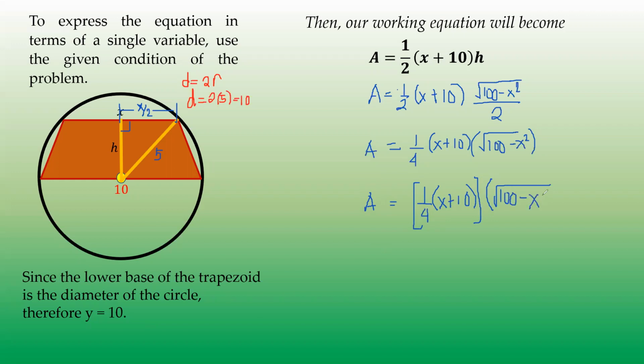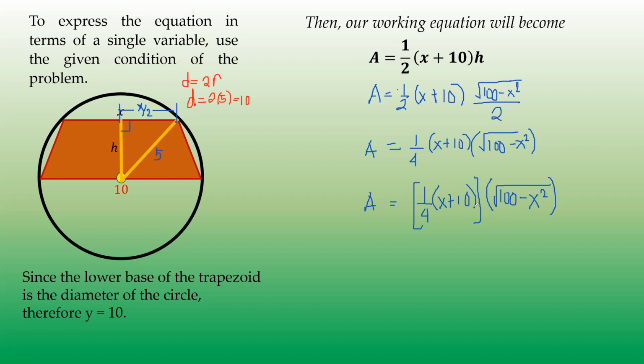Ito ngayon yung ating pinaka-equation sa area expressed in a single variable x. So, yan ay naka-express na in terms of a single variable. Pag chinek mo yan, area na lang, a, saka x na lang at mga constants na meron tayo dito.